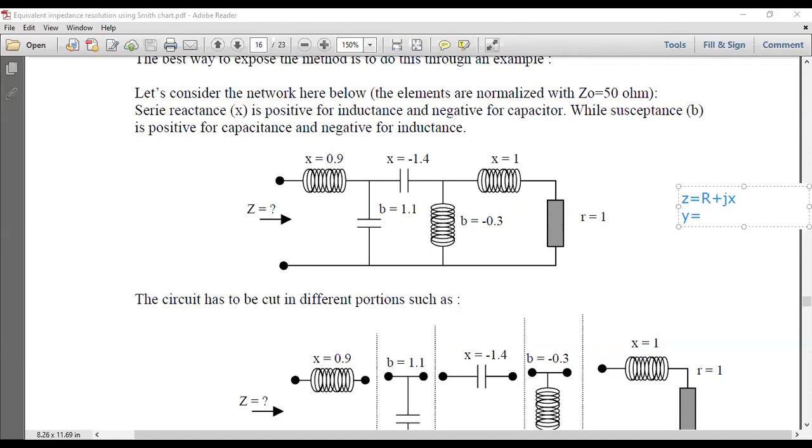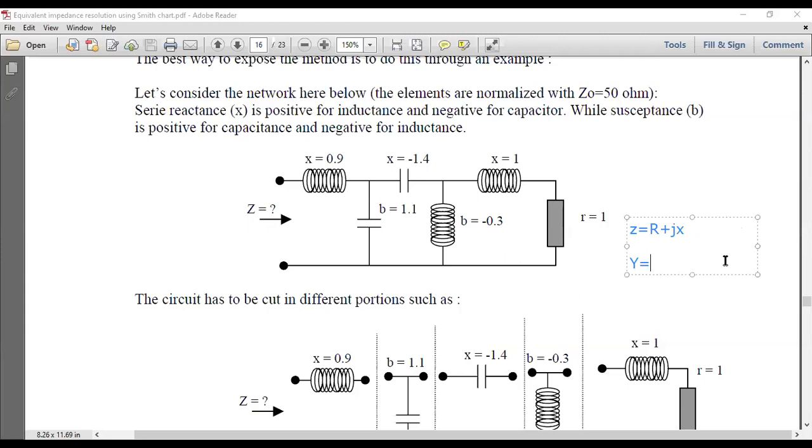Now, if I write Y, what is Y? Anybody? Admittance. Yes, correct. Admittance equals what? Similar to the previous, here I write Z equals R plus jX. So Y equals, anyone? 1 upon Z. 1 upon Z, correct.